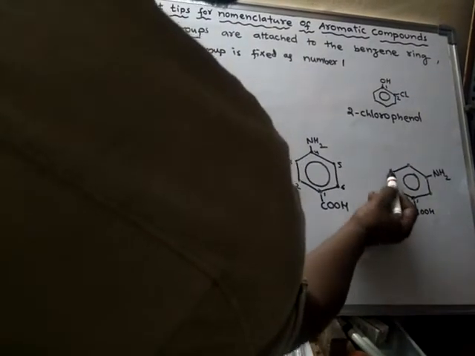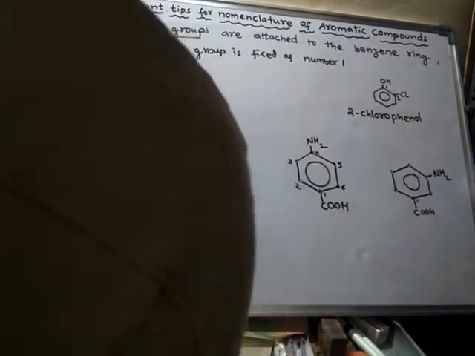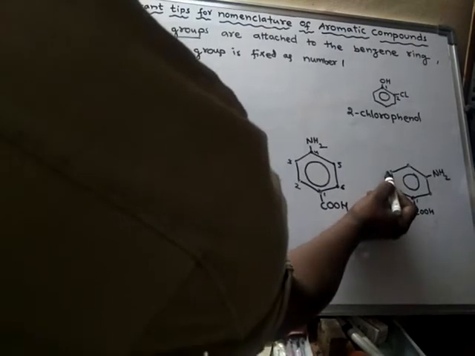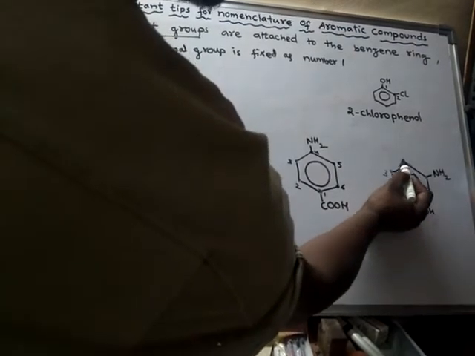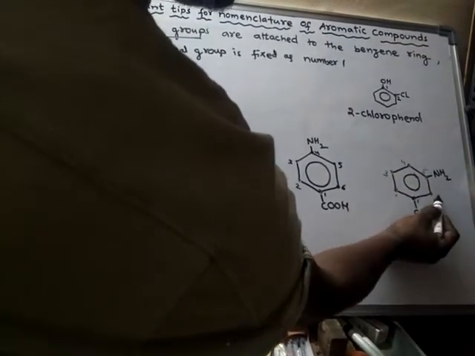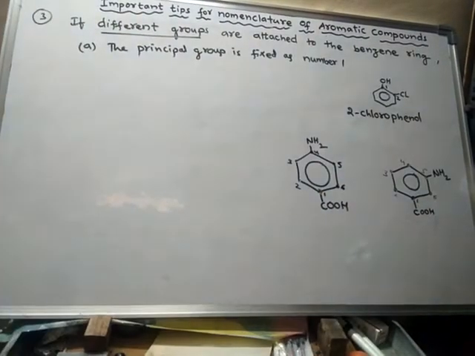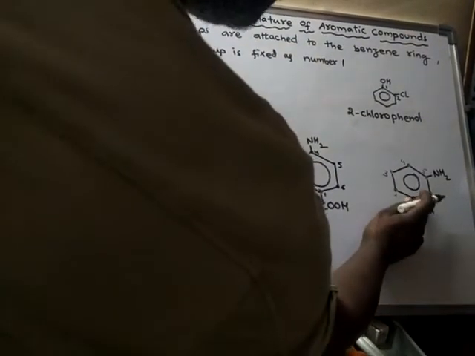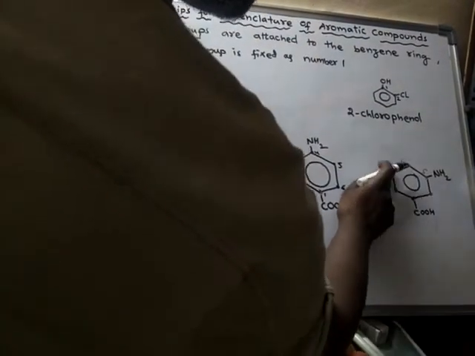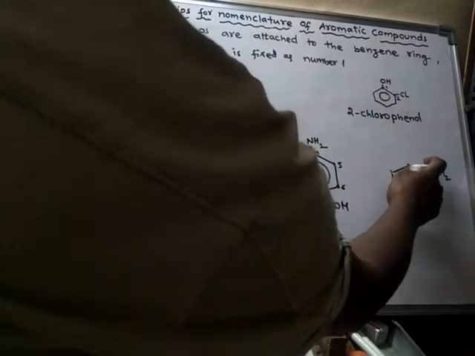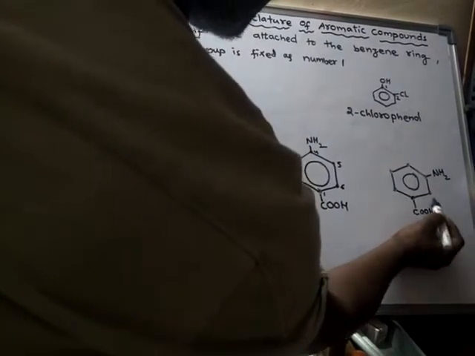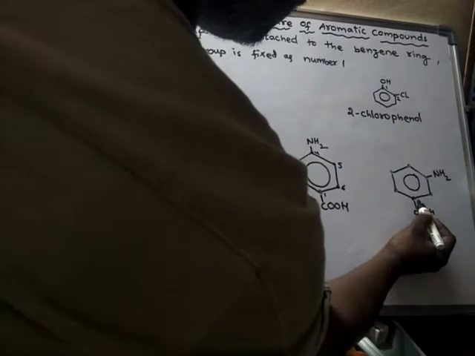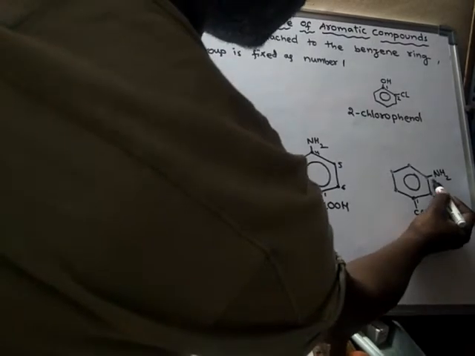1, 2, 3, 4. This will become the 5th carbon if I give numbering in this direction. Suppose I give numbering in the anti-clockwise direction: this is 1, this is 2, this is 3.